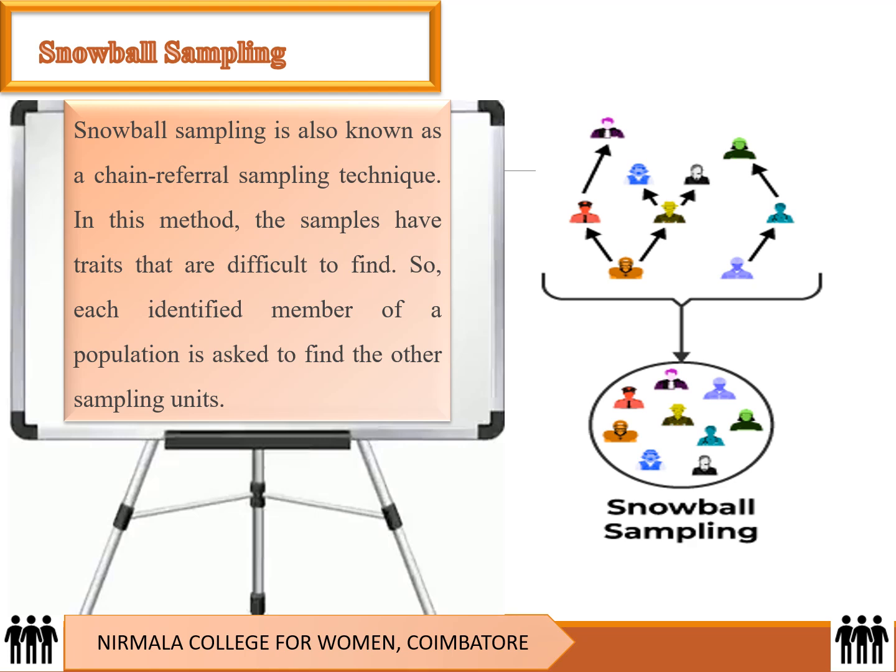But through the snowball sampling method, we can approach one transgender and ask them to refer another person who is a transgender. Likewise, we can ask one person as a referrer. We can do this sampling method.